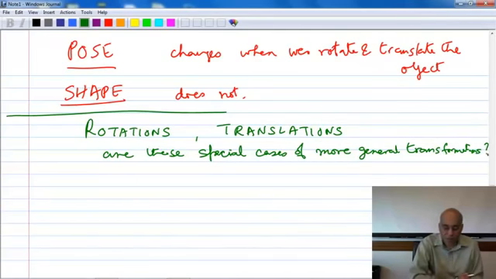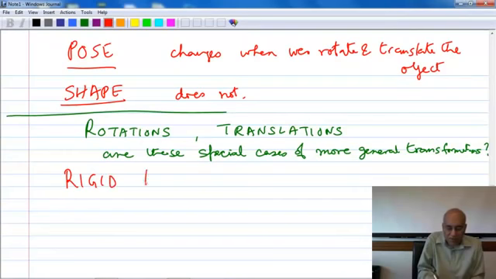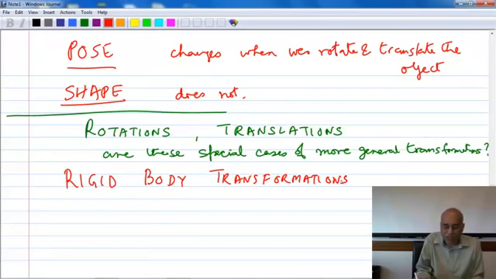That's the question. And the answer is yes. And this special class of transformations I call rigid body transformations. And rigid body transformations include rotations and translations as special cases. Sometimes we will use the term isometry as well.